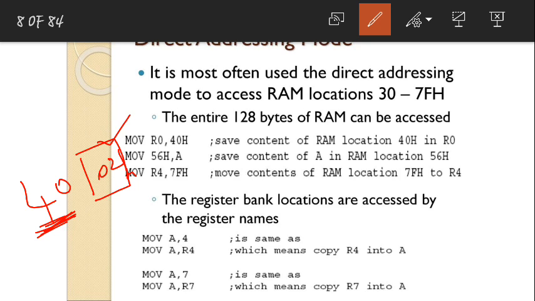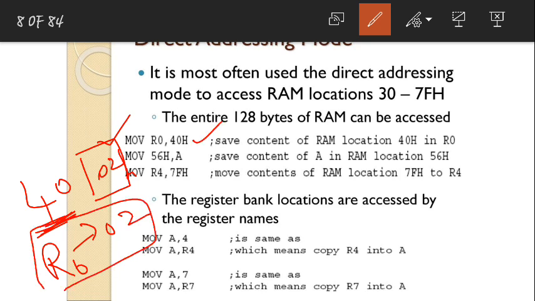So this value 2 will be moved into R0. After execution of this line, whatever value was present in 40H, I assumed it to be 02, that moved into R0. So in this way the operation is done.